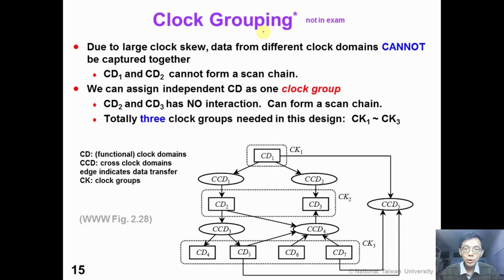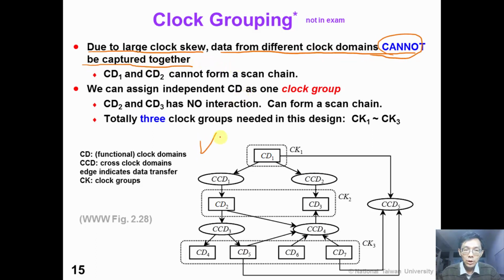In addition to the lockup latch, there are actually many practical problems when we insert scan chain. Due to large clock skew, data from different clock domains cannot be captured together.